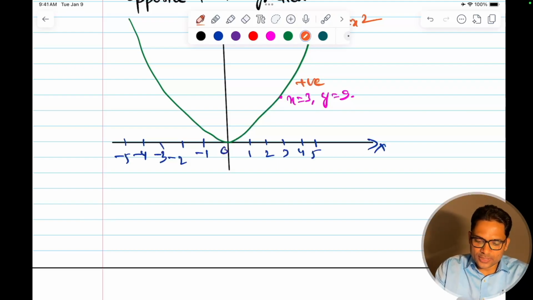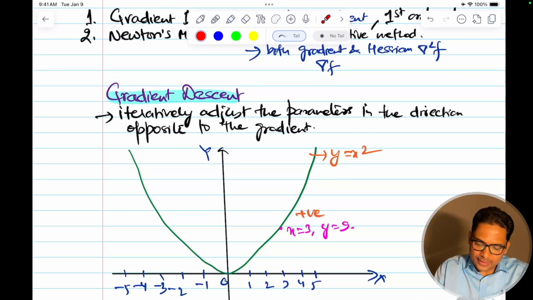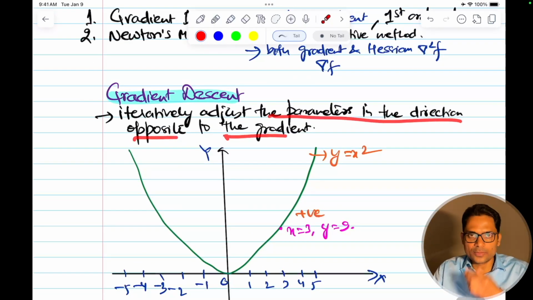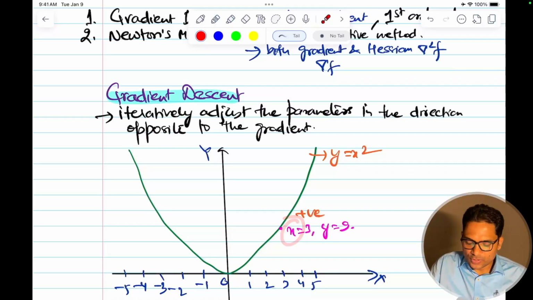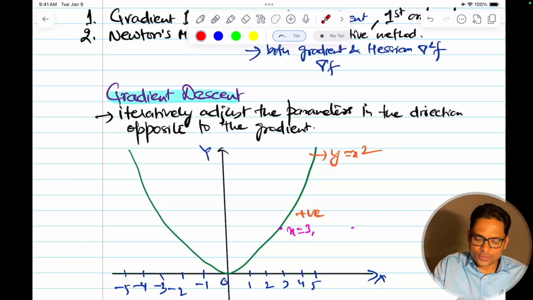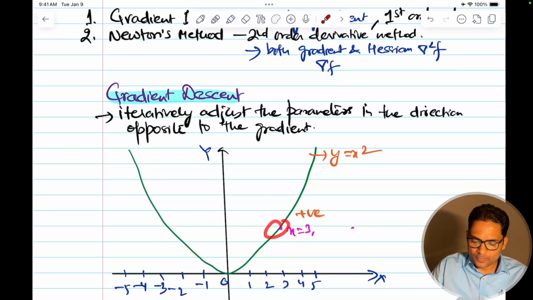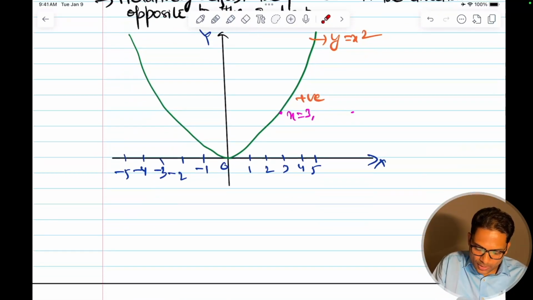We have understood this, right? The slope in this direction is positive. So what did we say? Adjust the parameter in the direction opposite to the gradient. We have to find an optimum x, so I'll just talk about x here. Say I am at x equal to 3, the slope is positive. So if I want to find the next parameter, how do we write it?